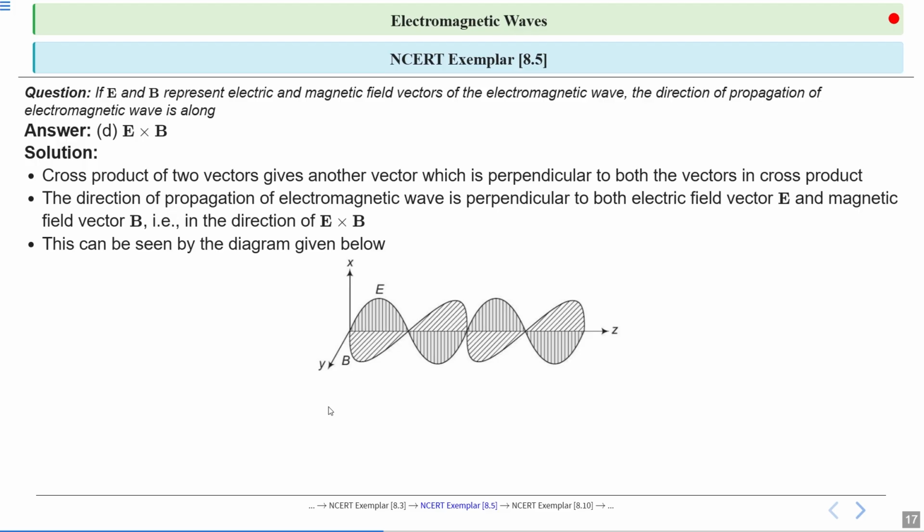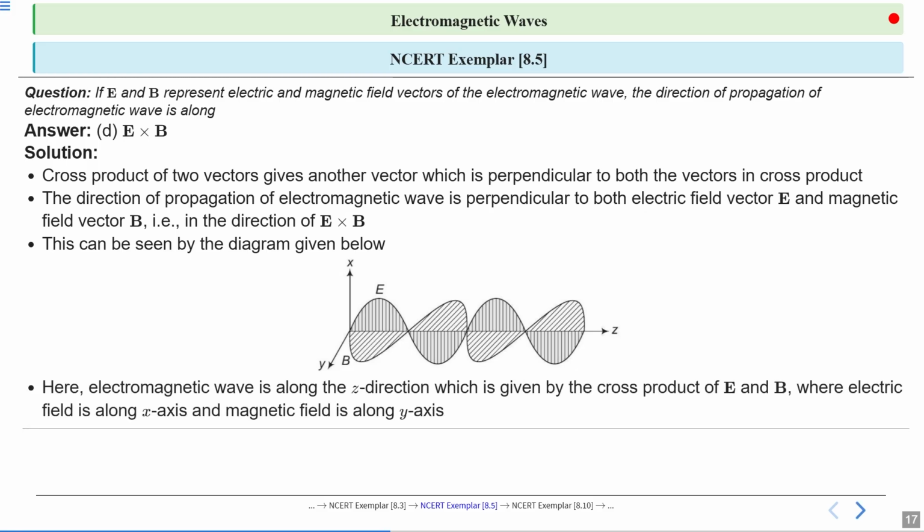So I cross j is k cap. So the direction of propagation, as you can see, is along the z axis. So by doing the cross product, you can also find I cross j is k cap. Got it? Here the electromagnetic wave is along the z direction, which is given by the cross product of E and B, where the electric field is along the x axis and the magnetic field is along the y axis. Got it?